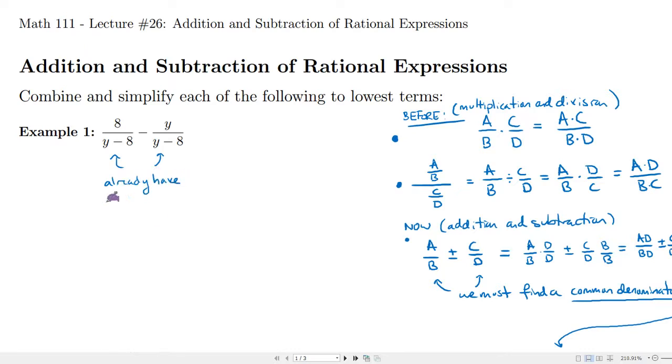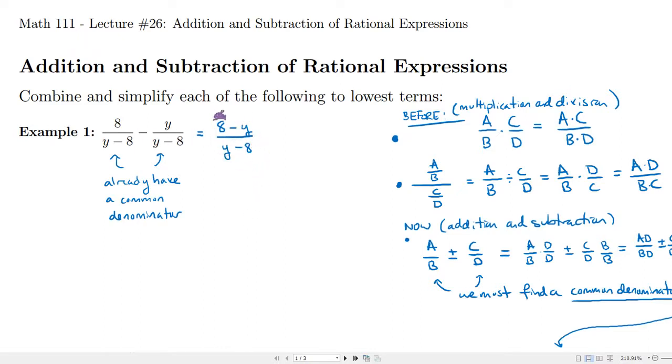So we don't need to adjust either of those fractions. We can just do the operation, which is 8 minus y, and then we put that over the common denominator of y minus 8.